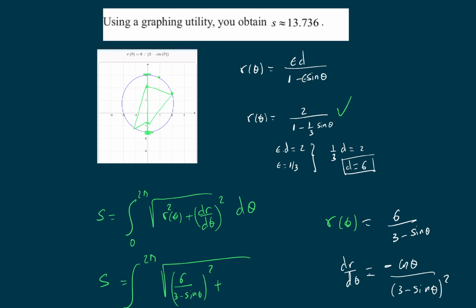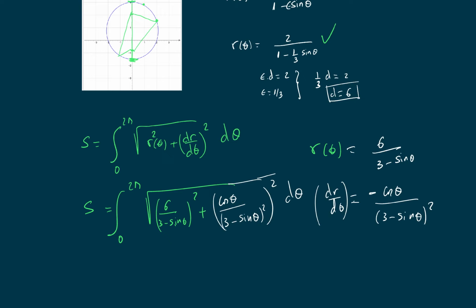So I will plug in here the derivative of r with respect to theta, squared. The minus sign will not affect, because when I square it, it will be positive. So everything squared, d theta. And this integral is difficult to solve.